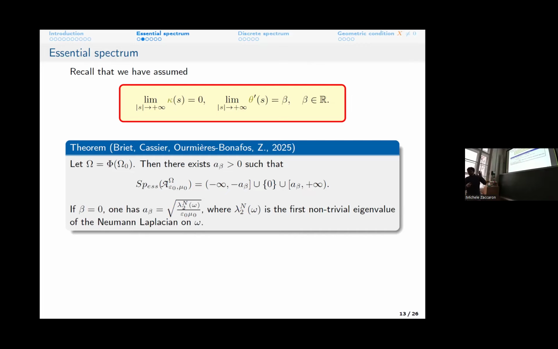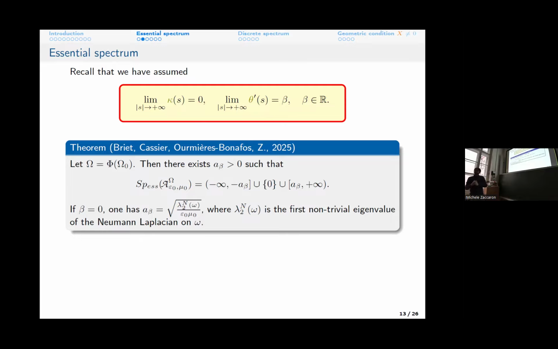So to prove this kind of result, what we actually do is consider the waveguide where k is everywhere 0, so a straight line, and the twist is everywhere beta, so a straight, constantly twisting waveguide.